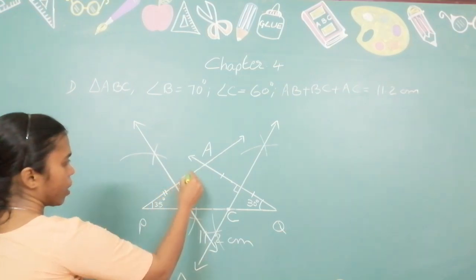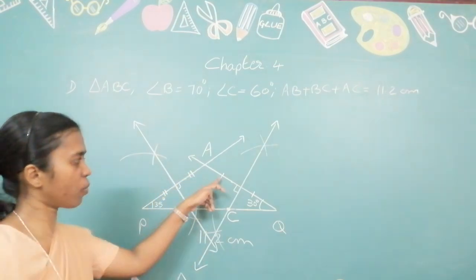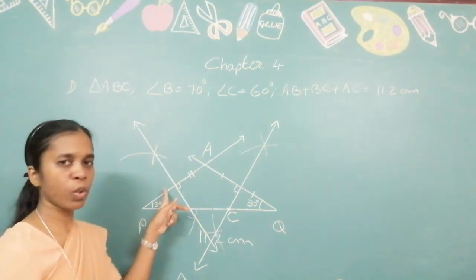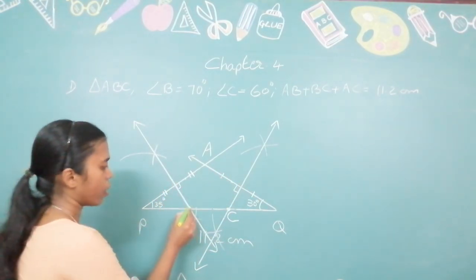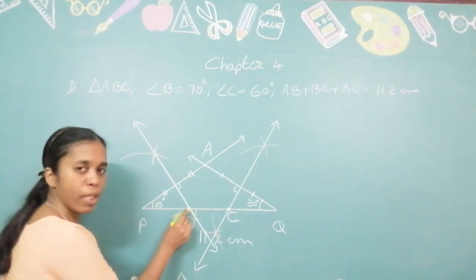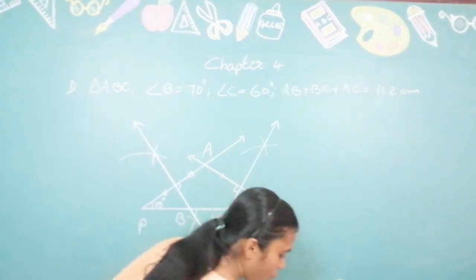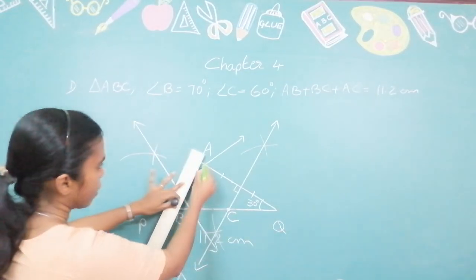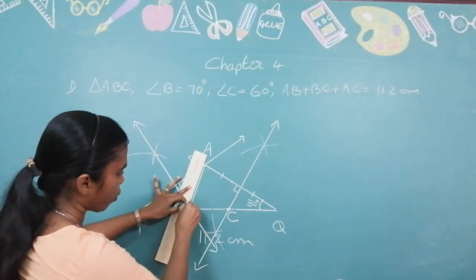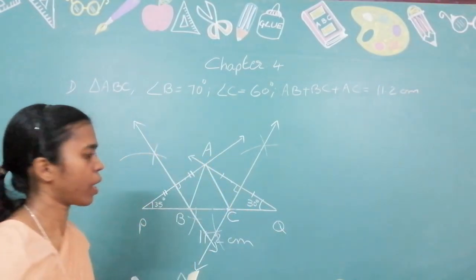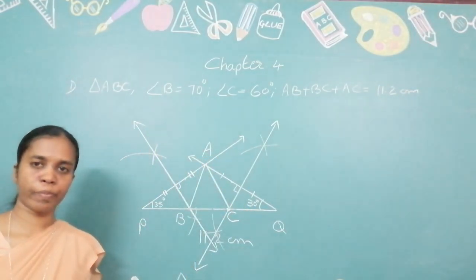Now this side is equal to this side. I have put a single dash over here because this is equal to this. Now the point which is intersecting the base will be B. Now you join the segments of the triangle, A to B and A to C. Can you see triangle ABC?